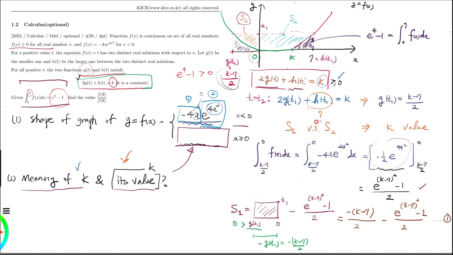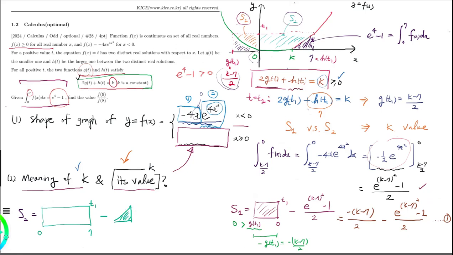And to figure out the area of S sub 2, we're going to use the same inverse function relationship with respect to its original function, its area here. The area of S sub 2 is, in the same way, the area of the whole rectangle here minus the area of this part here.